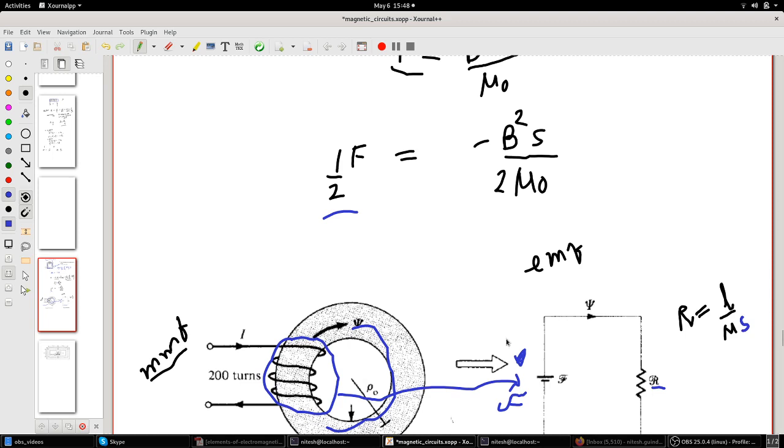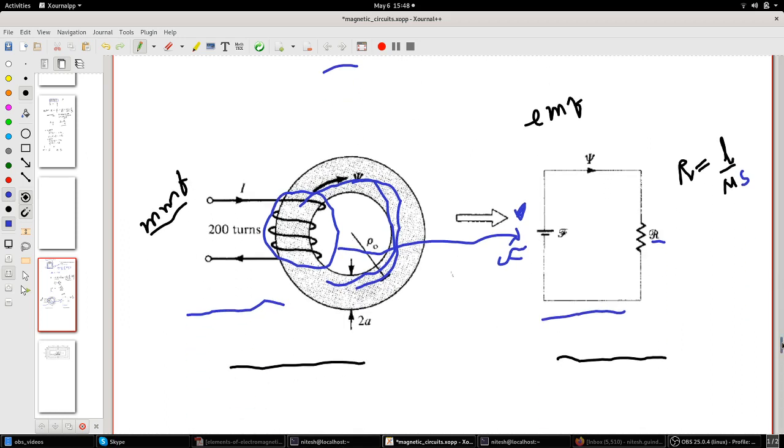Now what is L? L is the length of the core, which is the mean length of the core: the complete circumference of this cylindrical ring that we have. What we do here is take a mean circle around this ring, a mean circle of radius rho 0.